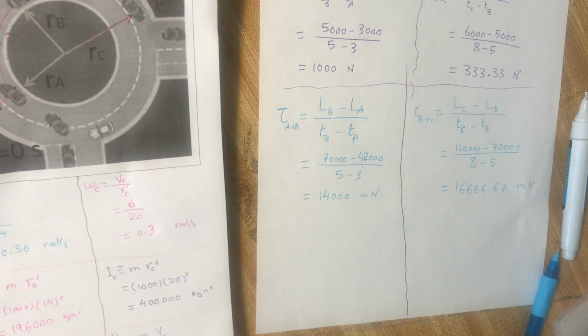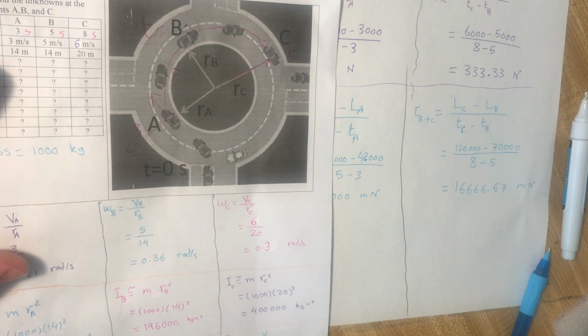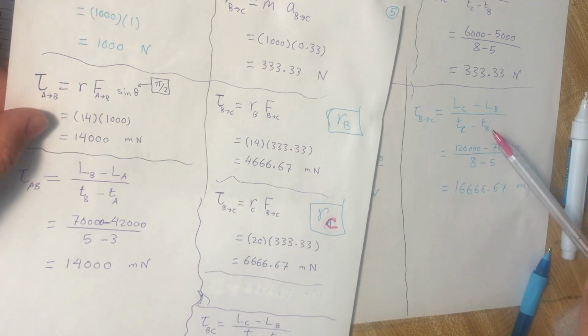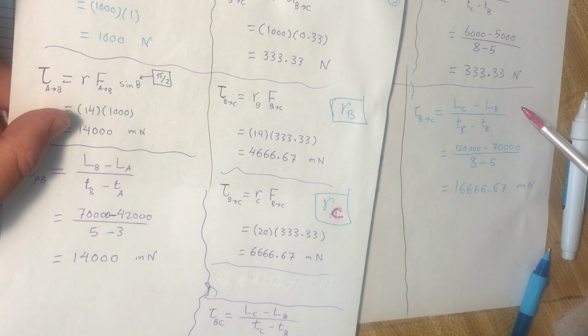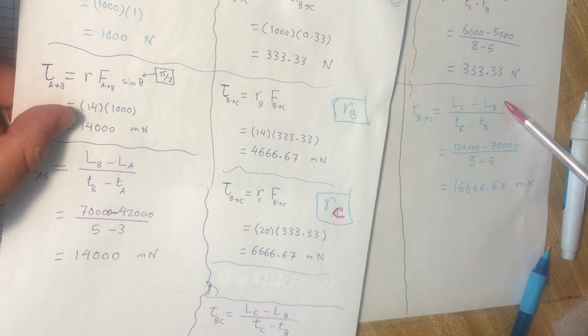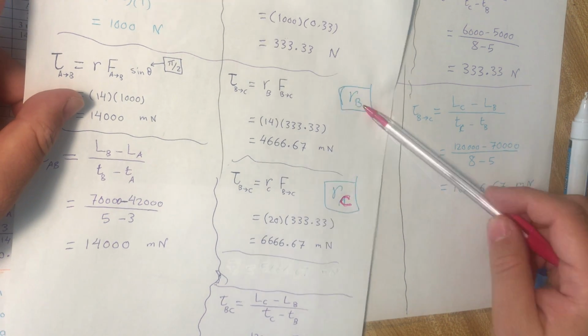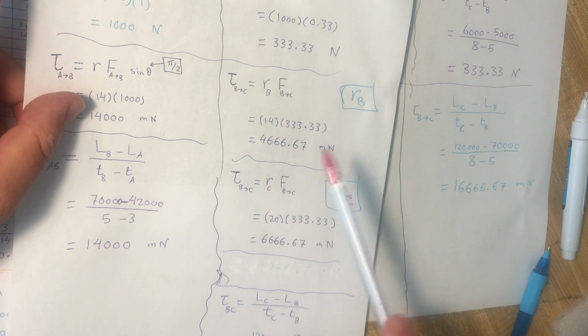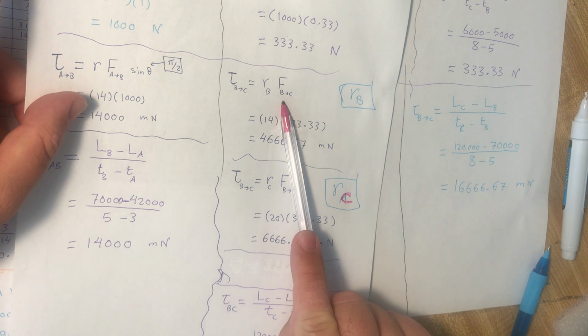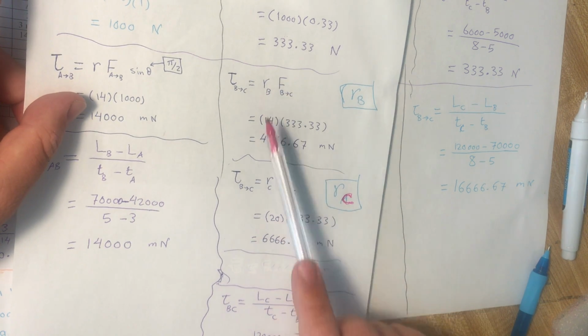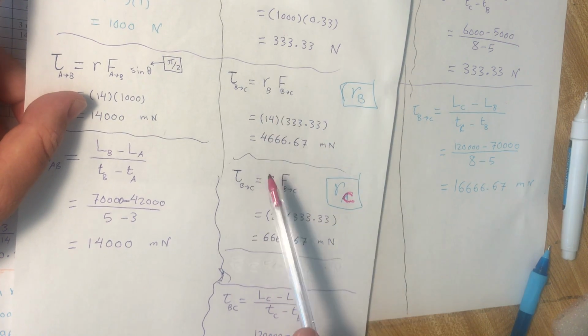We will see that we have just one value for the torque if we use the angular momentum over delta t, but here we have two values when we use radius multiplied by the force, because here we have two radiuses, or radii.